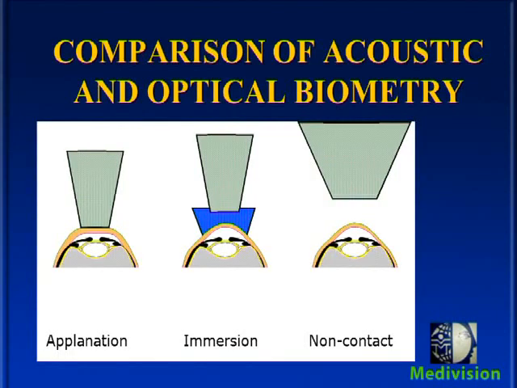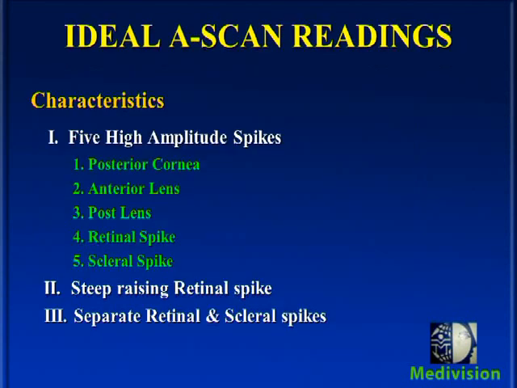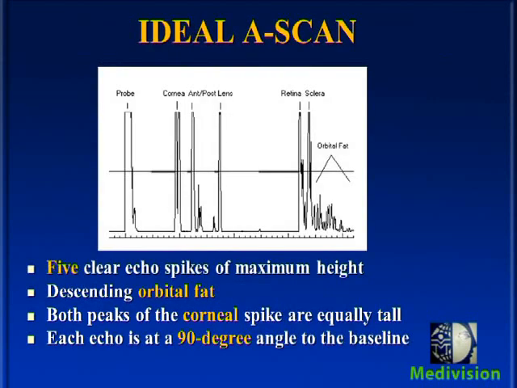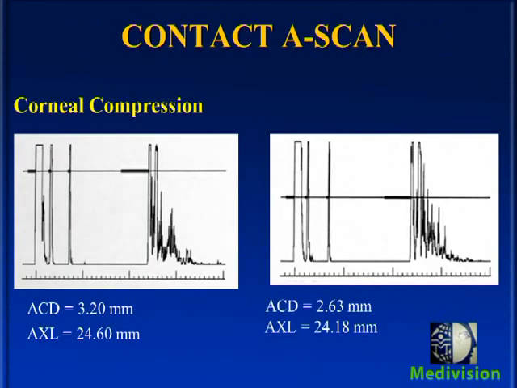So the difference of these three scans: applanation, immersion and non-contact. The characteristics, as he has already described, are 5 high amplitude spikes, a steep 90-degree rising retinal spike, and separate retinal and scleral spikes. In the immersion scan, note that there is an extra spike due to the probe.